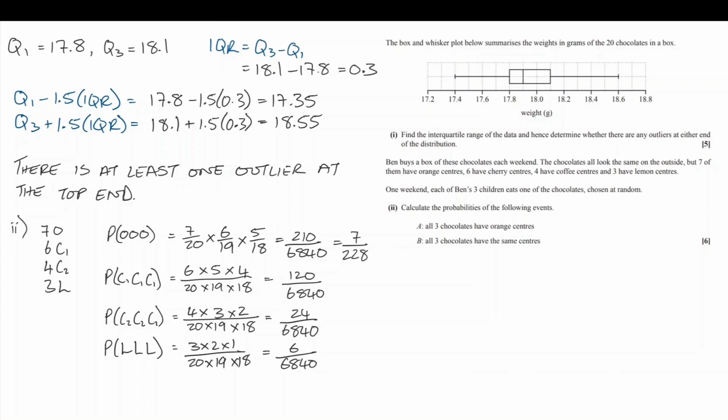Because I've kept them all the same denominator, I can quickly add these together. 210, 120, 24, and 6 gives us 360 over 6,840, and that simplifies to 1 over 19. So the probability of event A, 7 over 228, and the probability of event B, well, that's going to be 1 over 19.